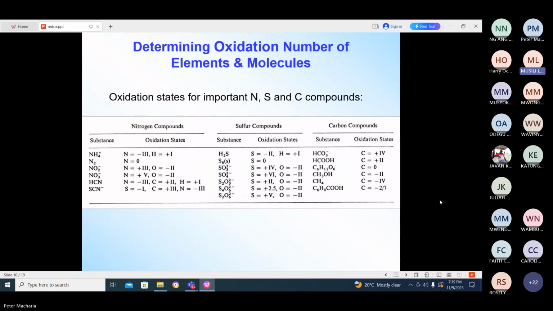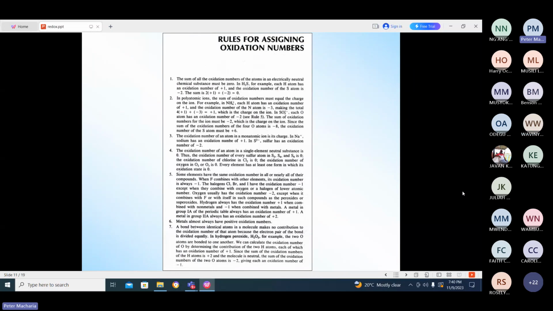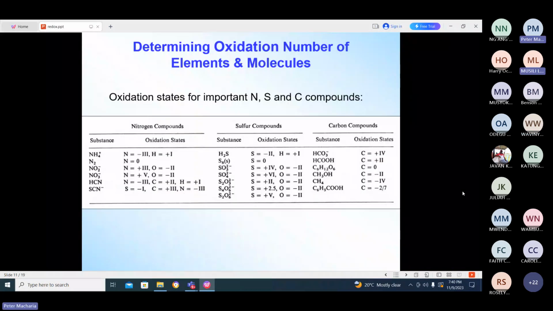The same unit. So we shall divide our classes into 2, so that one will be like a remedial class or a makeup, let me put it that way.